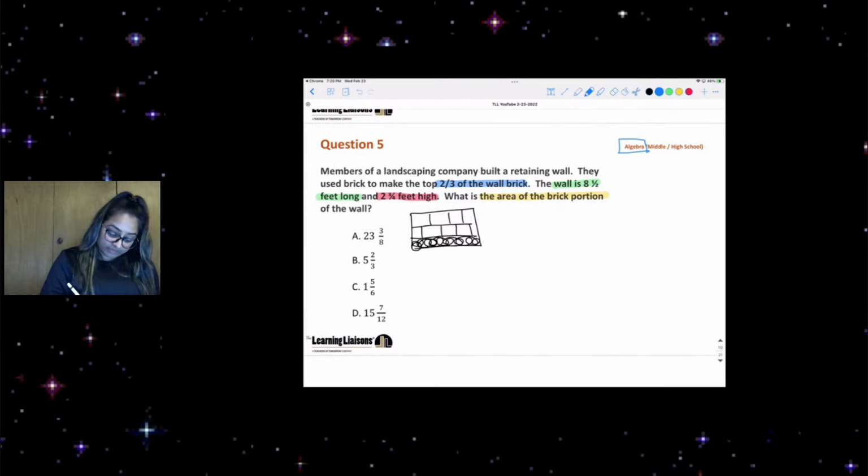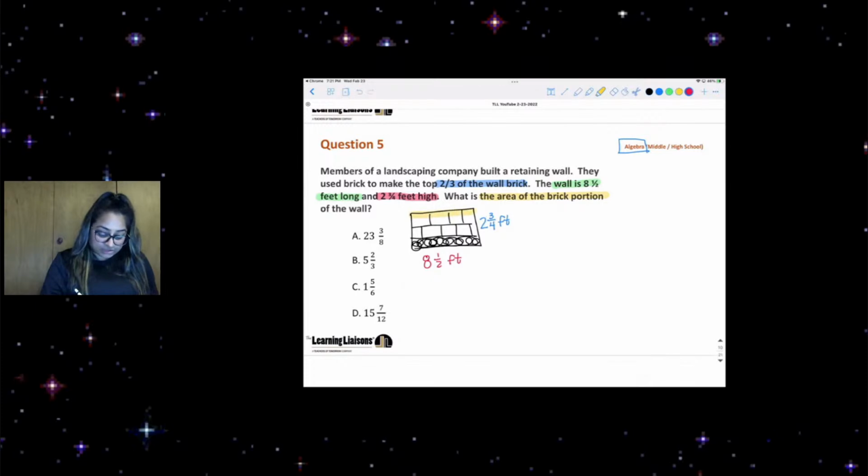What do I know about the entire wall? The entire wall is 2 3/4 feet high, and it's 8.5 feet long.